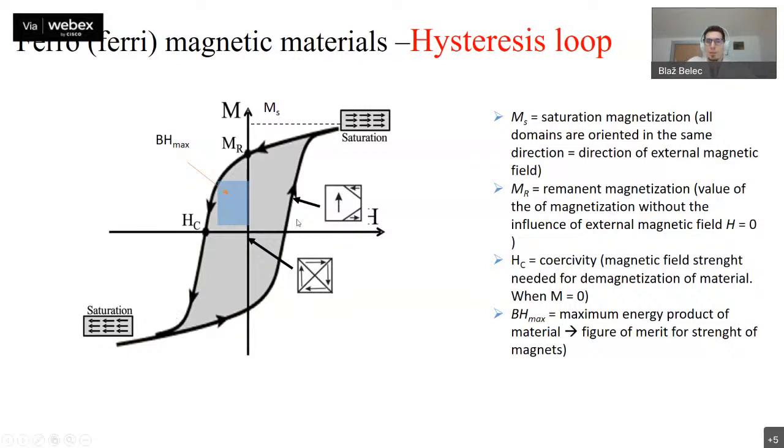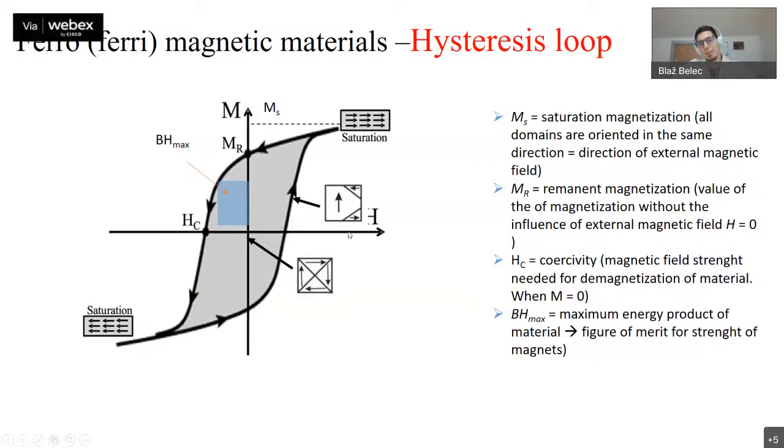So here we have to know a few terms. At the beginning, at 0, we have randomly oriented domains, and the net magnetic moment can be 0. So we have a demagnetized material.